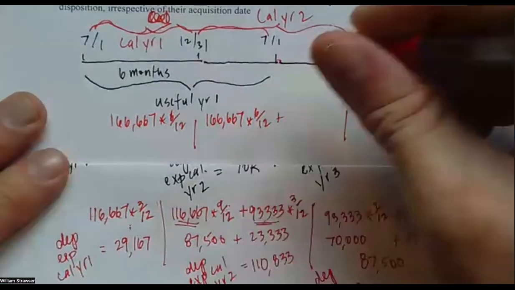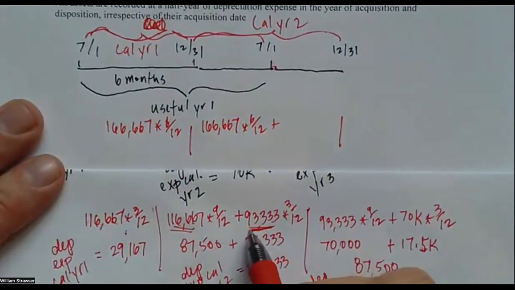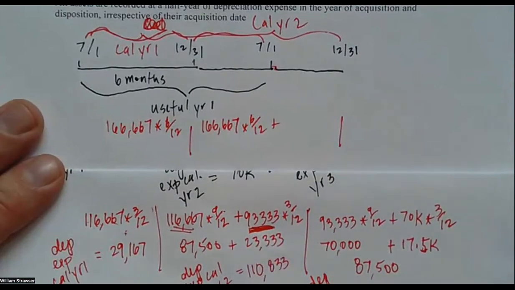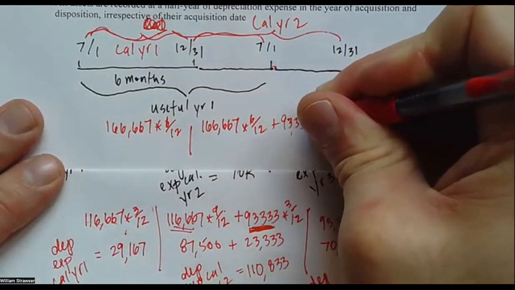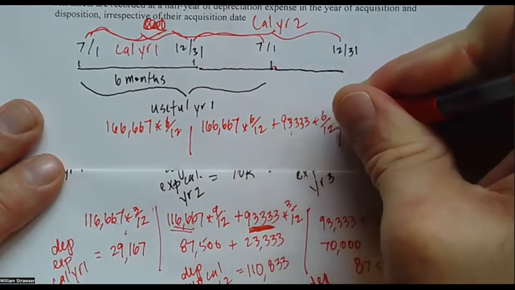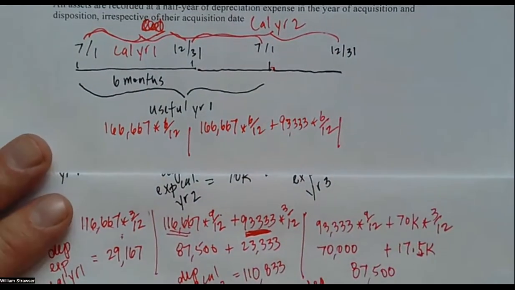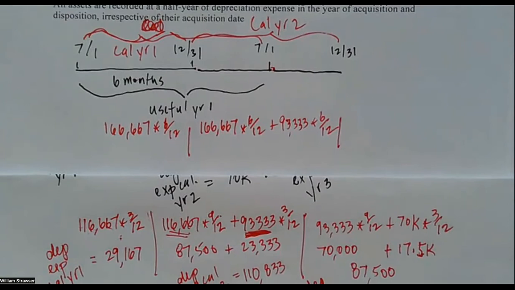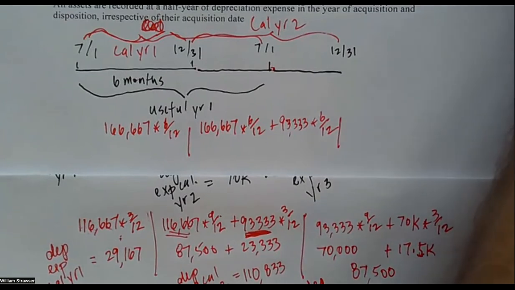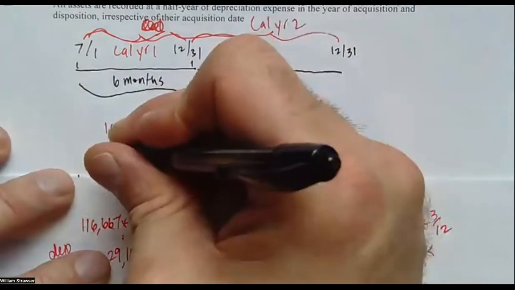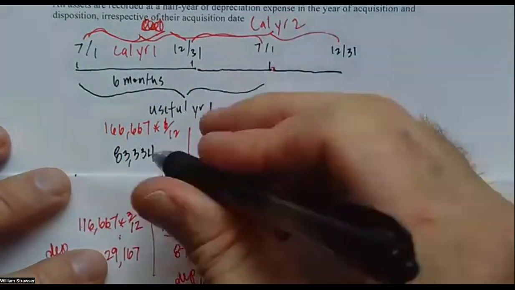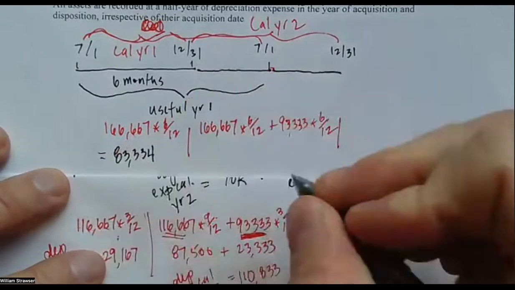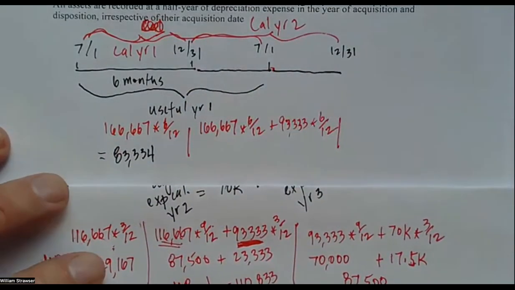I add in the second useful year's depreciation estimate, 93,333 times 6/12. And the math behind that, I can do that real quick. 166,667 divided by 2 gives me 83,334. That's my first calendar year's depreciation expense.